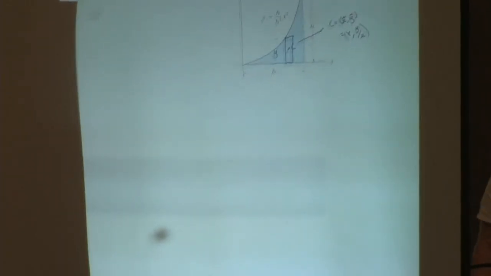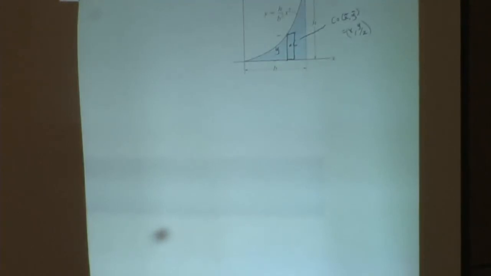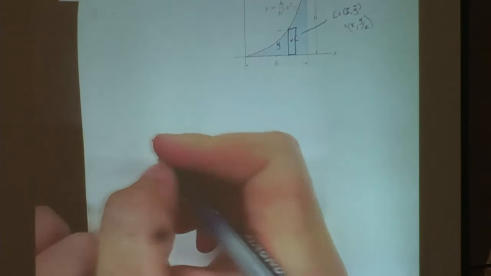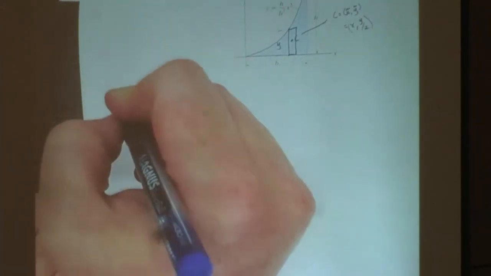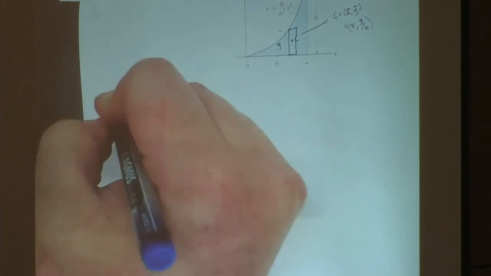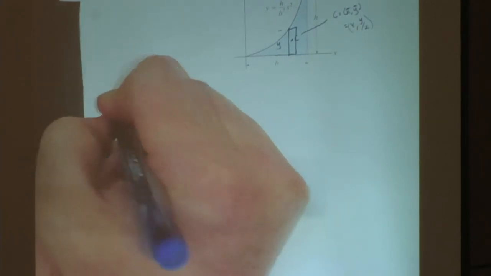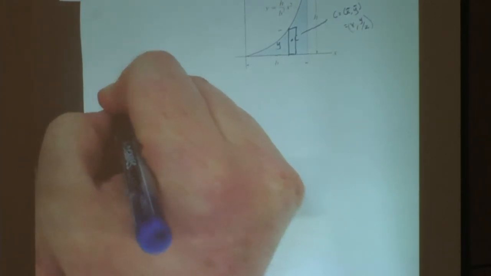All right. I forgot how much. All right, so let's get the formula out and start going through it. So we're looking for x bar.